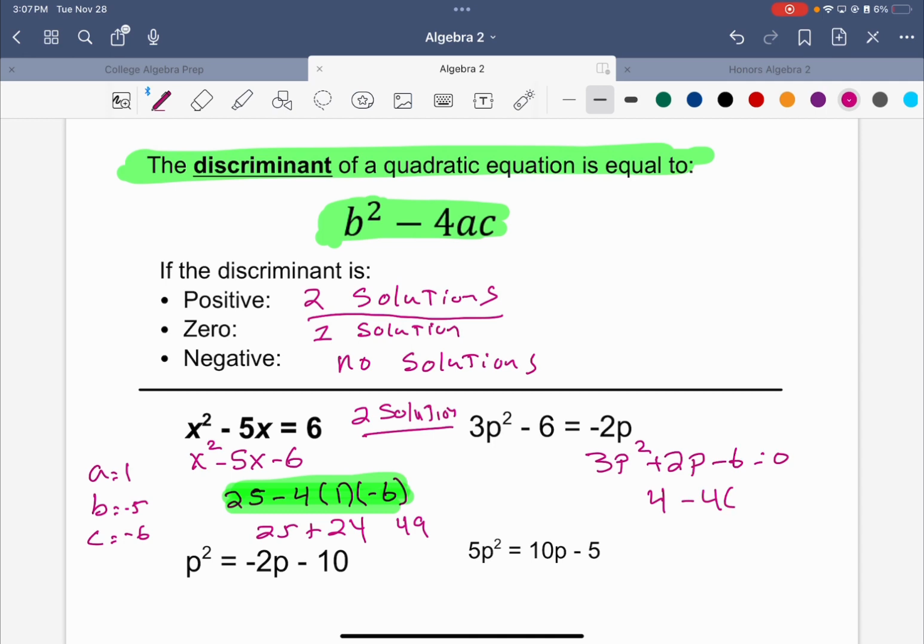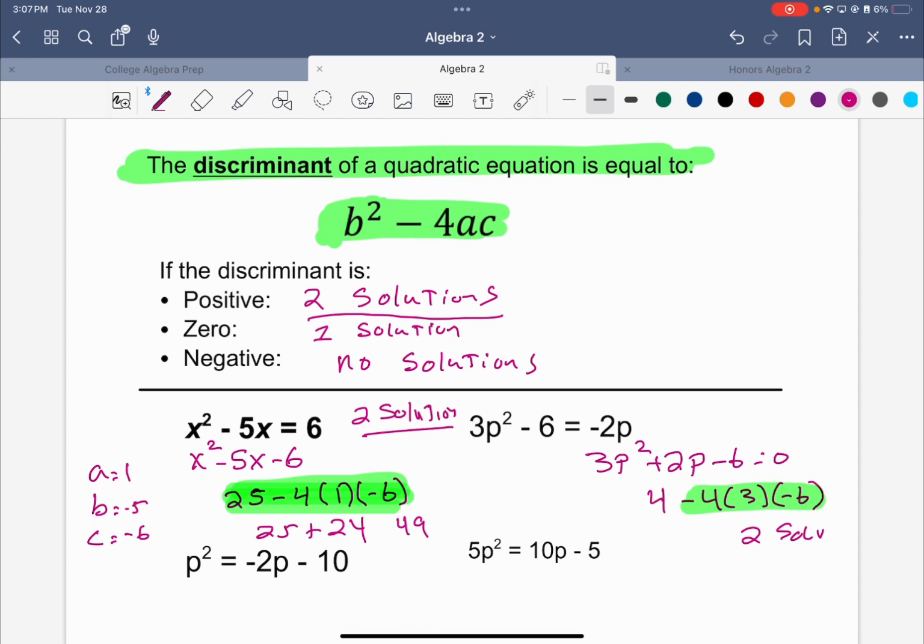Minus 4 times a, which is 3, times c, which is negative 6. Now, in my brain, I'm looking at this. Is that going to be positive or negative? Negative 4 times 3 times negative 6. It's positive, right? So 4 plus something is going to be a bigger positive. So this is going to have two solutions.